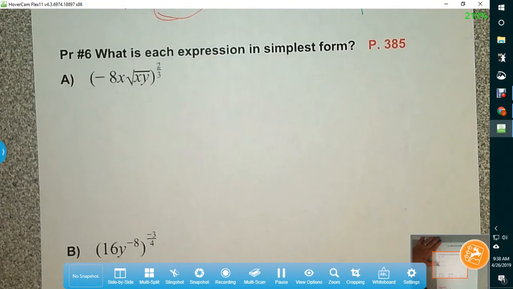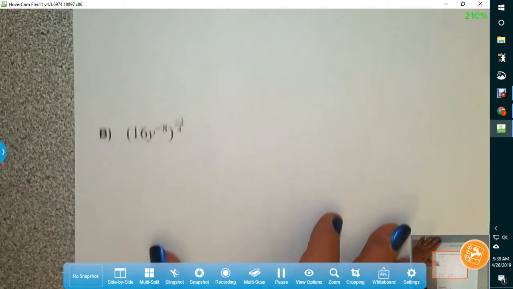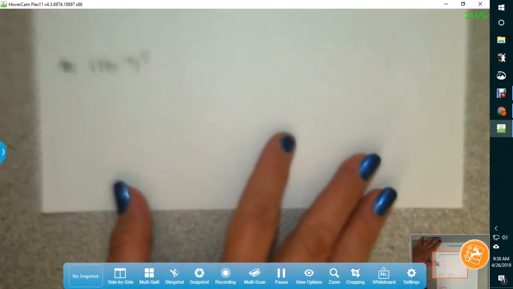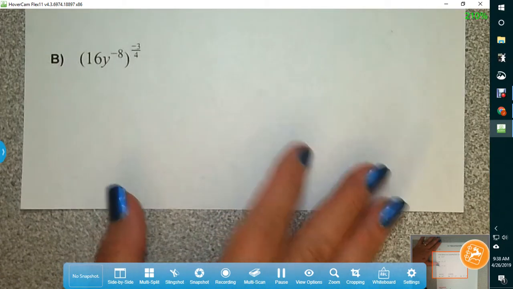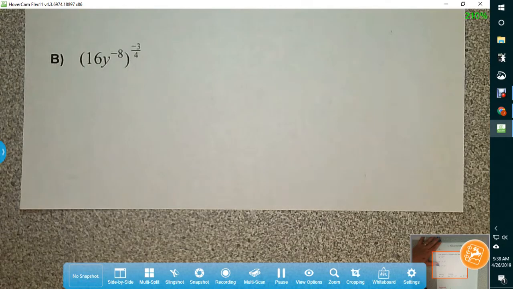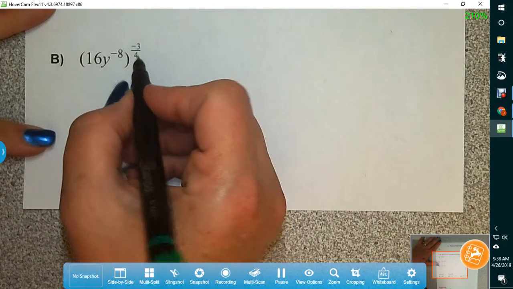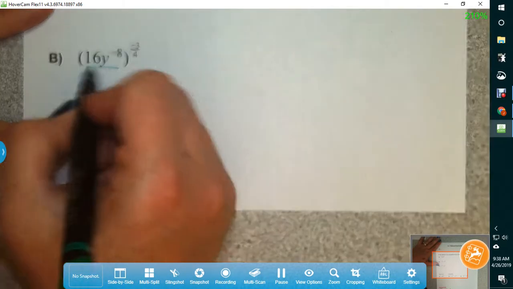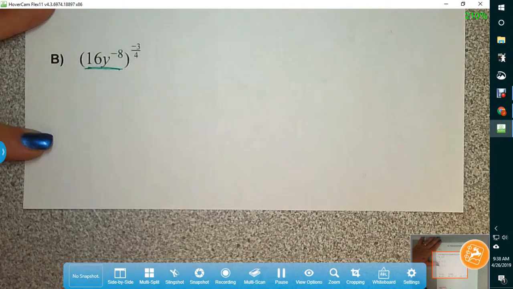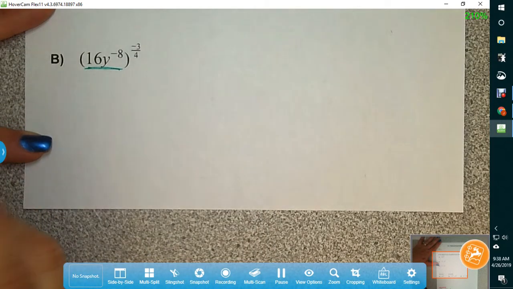All right, so for the sake of time, I think what we're going to do is skip on down to problem B, and we will talk about problem A in class because it's a little more complicated and you need to be able to ask questions about it. So here's the thing. Everything in this parenthesis is to the negative 3/4 power.